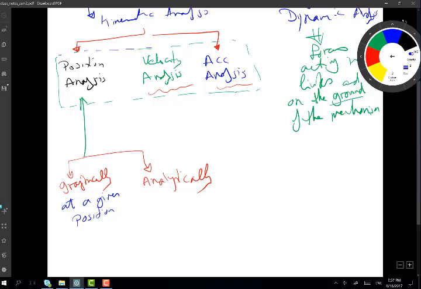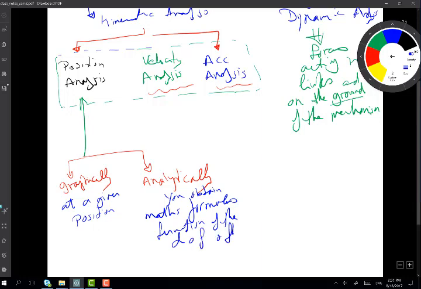But with the analytical approach, you obtain mathematical formulas, and those formulas will be a function of the degree of freedom of the linkage.